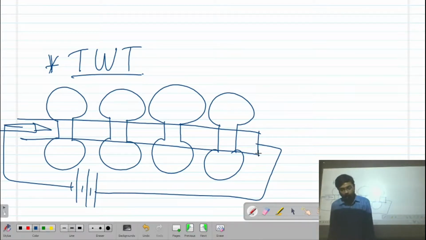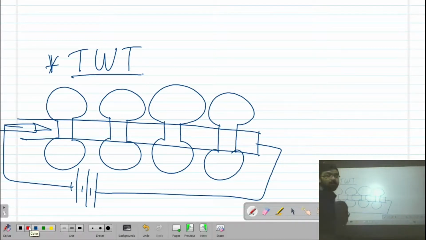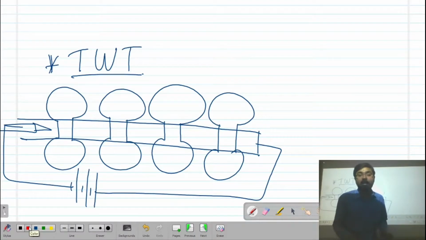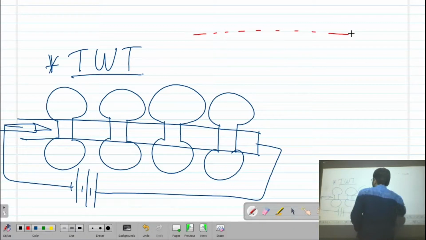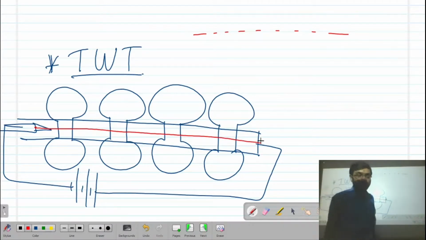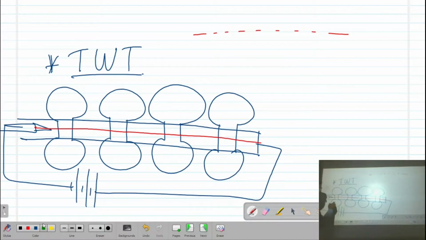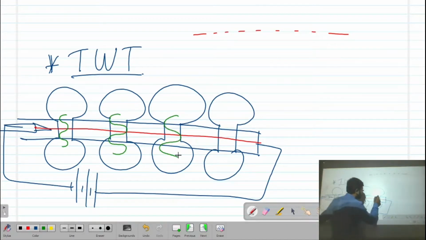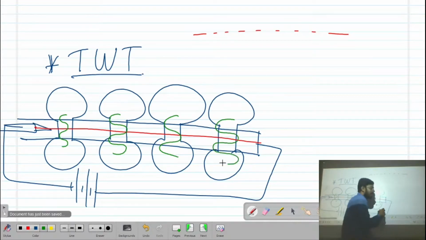Now think about at which place you will have the interaction between the electron beam, this red one, and the AC signal, this green one.